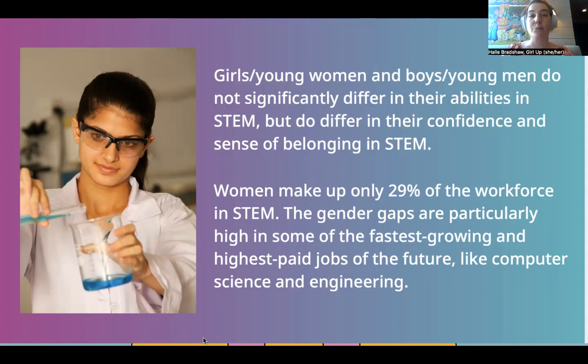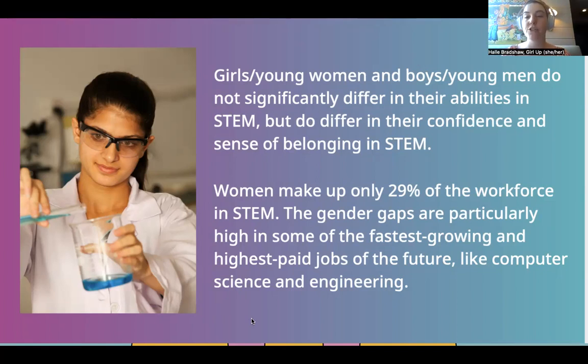And this can have real repercussions, not only in the way that we're not as engaged in STEM as we could be, but also it contributes to the pay gap. Often STEM jobs are the highest paying jobs, and so when we see fewer girls and women in them, we see that they are getting paid less.